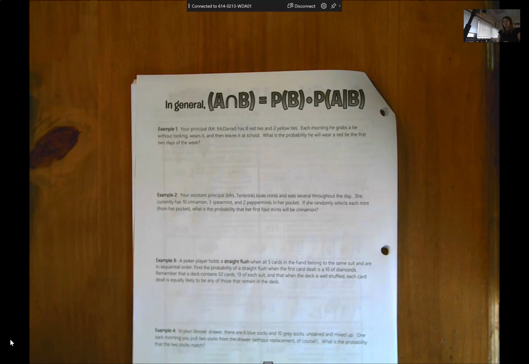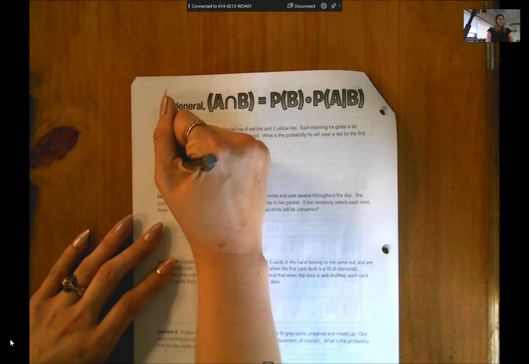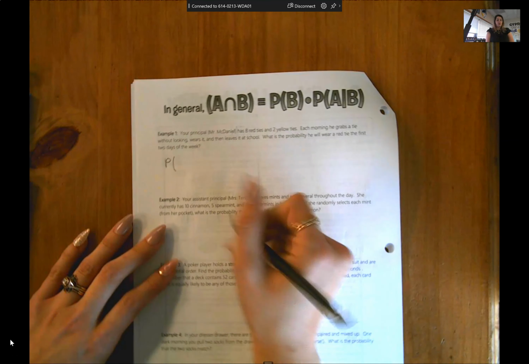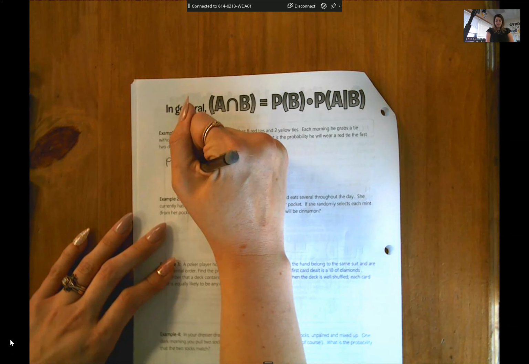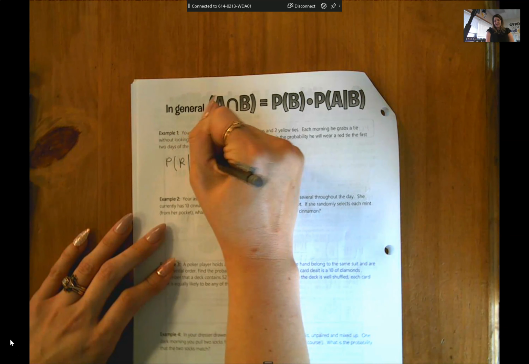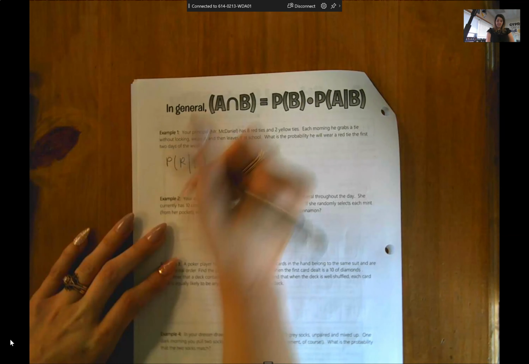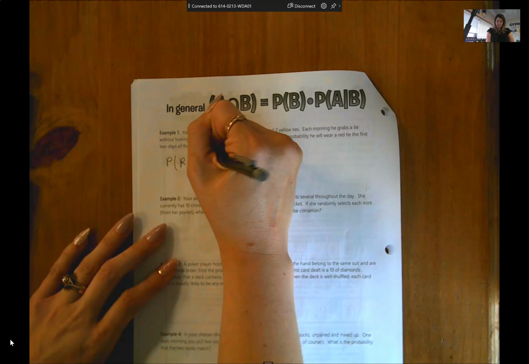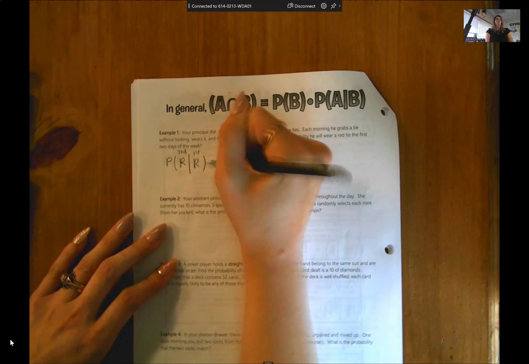Okay, so we're finding the probability of a red tie given a red tie. So this is, what's the probability that the first and second tie are a red tie?